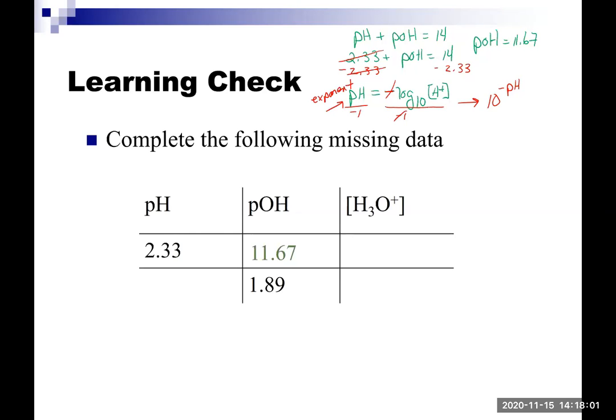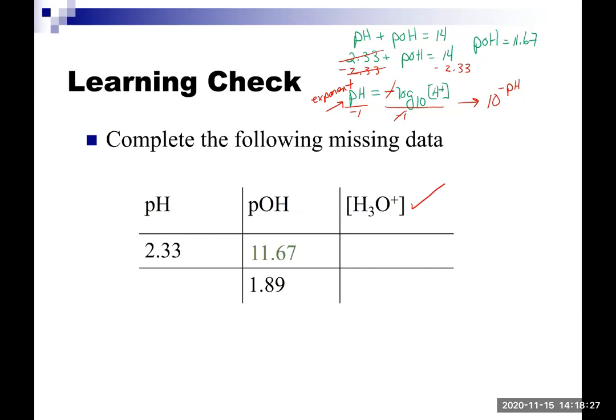If you hit the second key, which is either green or yellow on your calculator, and the log key, you can see right above the log key, there's either a green or a yellow 10 raised to the power of x, and that's the antilog. So let's think about how we would do this. We're going to take our pH, because again, we're looking for H3O plus concentration.